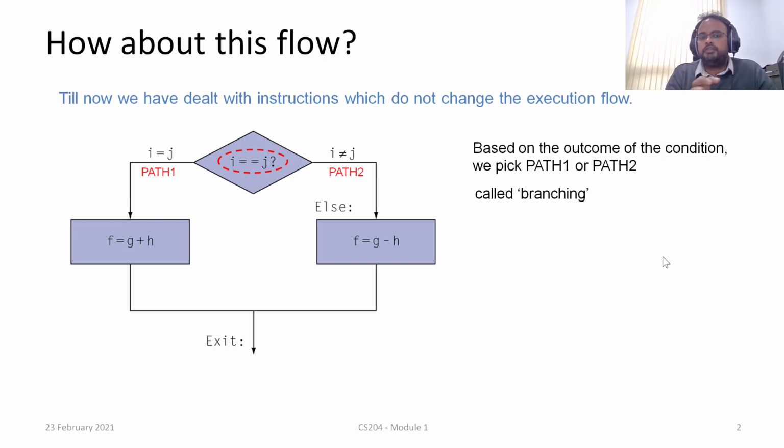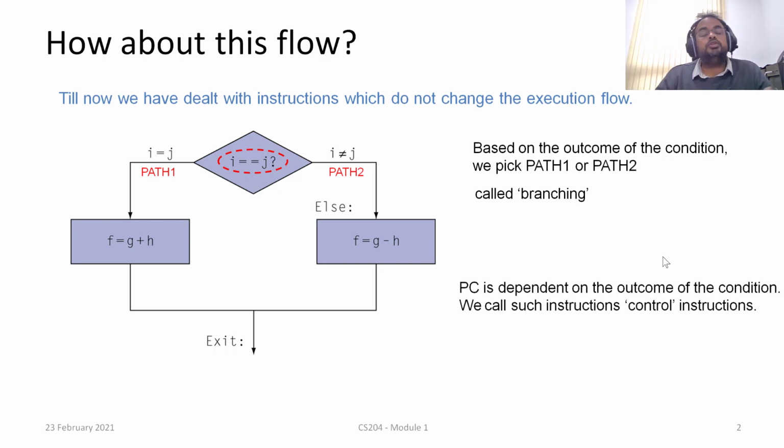This point where we do a condition check, and based on the outcome of this condition we pick one of the two paths, is called branching, right? The paths can be more than two also. We are going to look at that case in a short while. So this instruction should enable the hardware to branch to either path 1 or path 2 based on the outcome. What do we mean by picking path 1 or path 2?